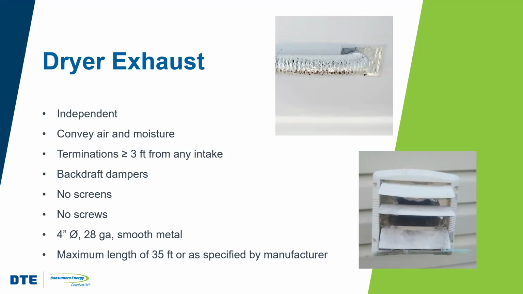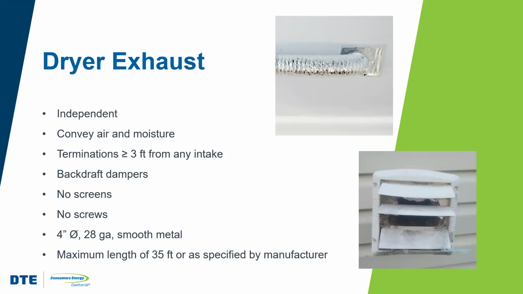We want to also make sure that this duct is supported. We've talked about making sure that ductwork is supported in previous sessions. And something to note here in Michigan, which is different from what the International Residential Code allows, is that we do not allow screws in this dryer exhaust ductwork, right?